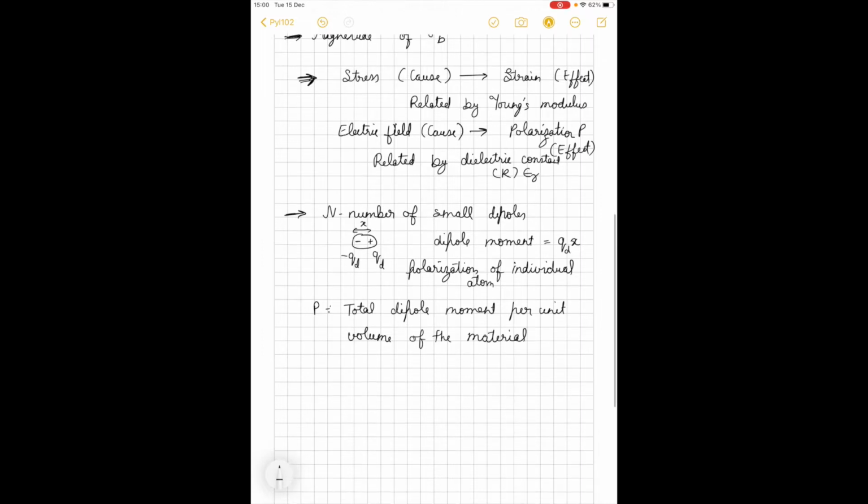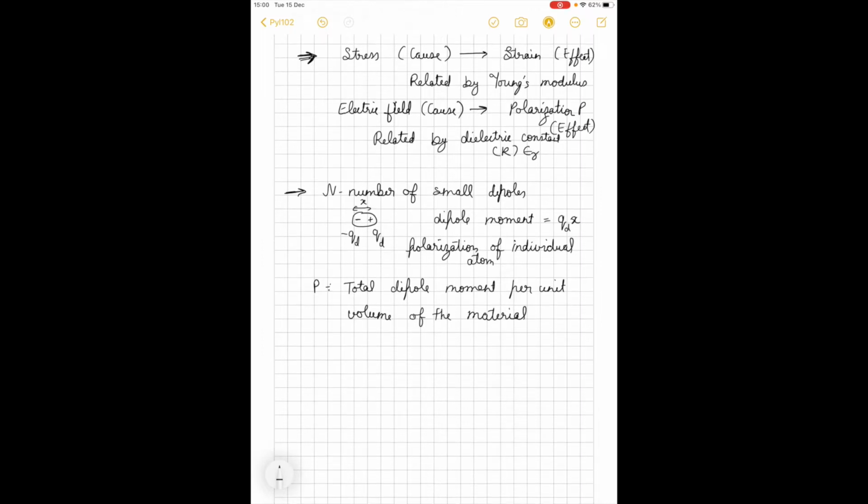Which means that if QD is the dipole moment of each atom, the average dipole moment would be denoted as QDx.